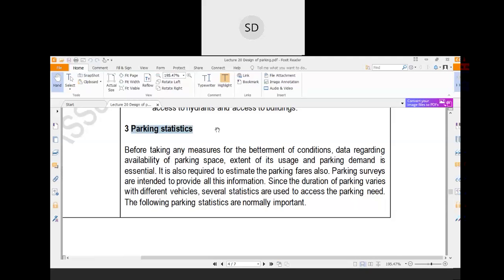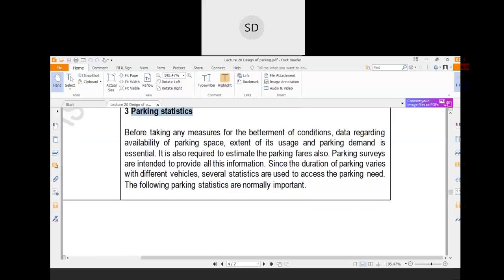Now, parking statistics. Before taking any measures for the betterment of the condition, you need data regarding availability of parking space, extent of its use, and parking demand in that area. Suppose you are doing a survey in a market area, in such cases you need some extensive data about all the parking facilities existing over there.